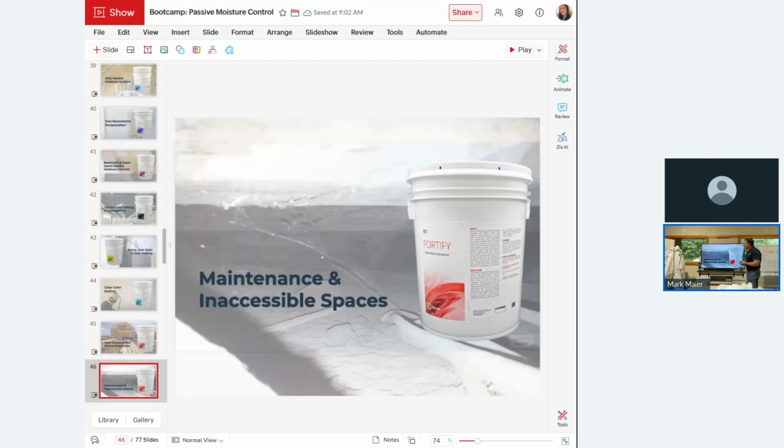Now, when you get into maintenance in inaccessible spaces, you need something that is, let's talk about this, an imperfect solution, but nevertheless something that is going to give you year in and year out activity, but you can't access it without ripping up a floor or something like that. A combination of, and we're not talking about this today, Dutreon fumigation on the front side to mitigate spores and hyphae, followed by fogging a solution of Fortify at a 2-to-1 ratio.